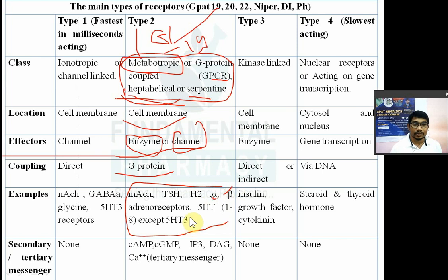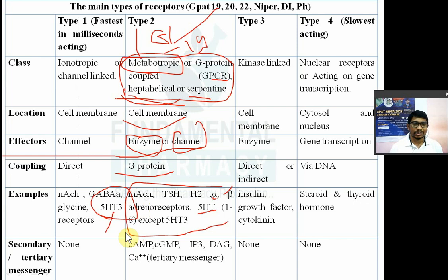Okay, then 5HT receptors, all 1 to 8, except 5HT3. इसमें सब क्या है? जी प्रोटीन कपल रिसेप्टर है. सेरोटोनिन के जितने भी रिसेप्टर है, 5-हाइड्रोक्सीट्रिप्टामाइन के जितने भी रिसेप्टर है, सब क्या है? जी प्रोटीन कपल रिसेप्टर है. बट एक्सेप्ट क्या है? 5HT3. 5HT1, 2, 4, 5, 6, 7, 8: all are the GPCR and only 5HT3 is an ion channel. You have to remember.